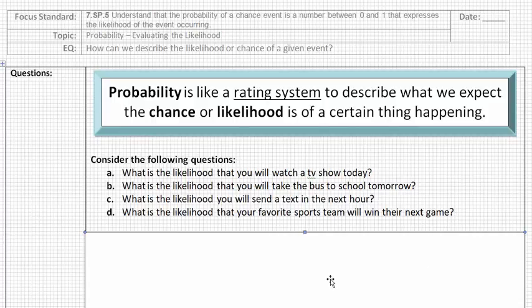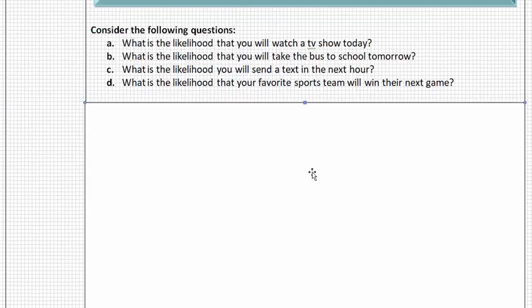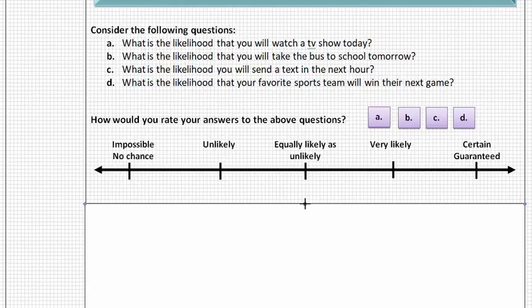These are all things that we could describe what we think the expected outcome could be. For today, we are going to do so on a scale. So how would you rate your answers to the above questions?